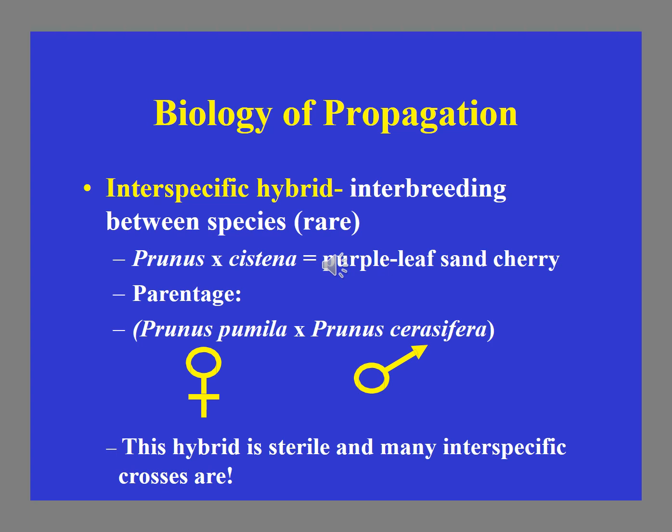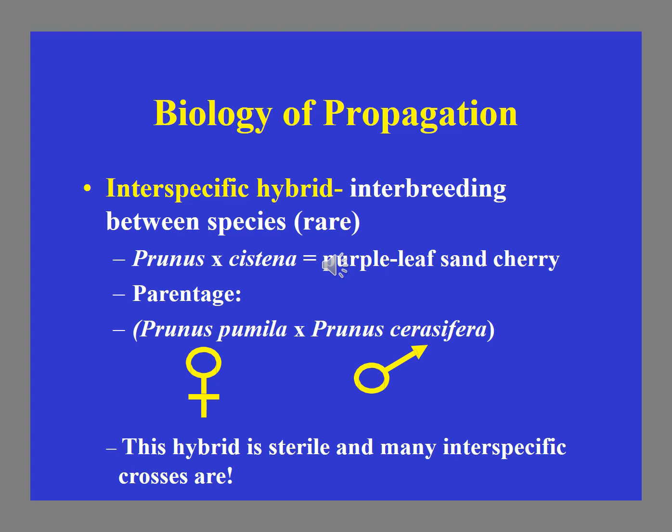In this case, this is an example of Prunus pumila and Prunus cerasifera. 2 different Prunus species were crossed, meaning pollen from one was put on the stigma, or the female part, of another, and one of the results was this hybrid species named Prunus X cistena, purple leaf sand cherry.